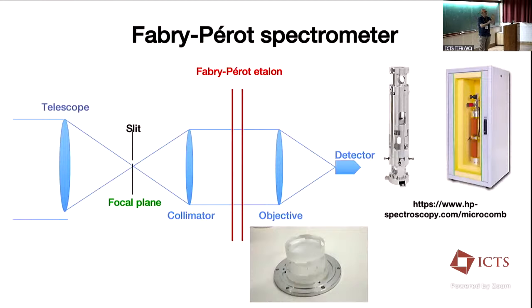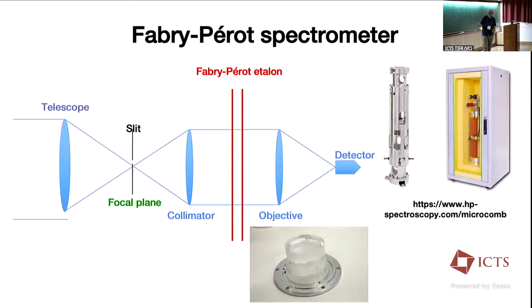Otherwise, if the wavefront is not parallel or plane, then the interference will not occur properly. There will be multiple interference, and it will become fuzzy, spectrally fuzzy. I will show you what this means exactly in a moment in the formula. So I have to collimate first, make the beam parallel, go through the interferometer, and then have the detection here.